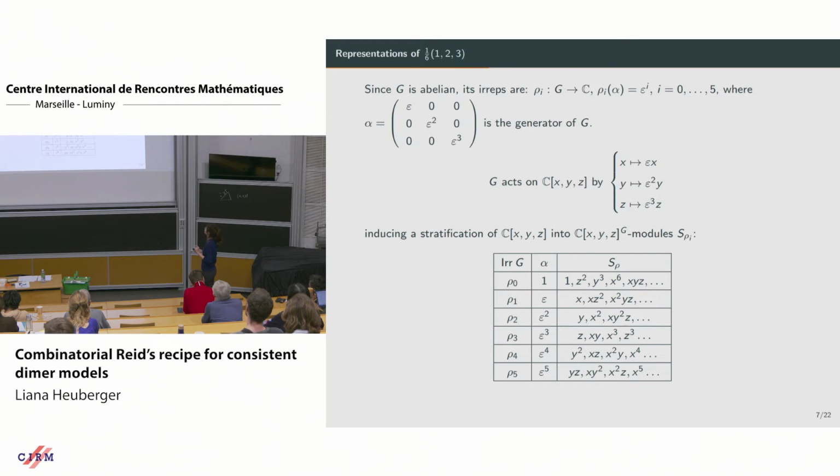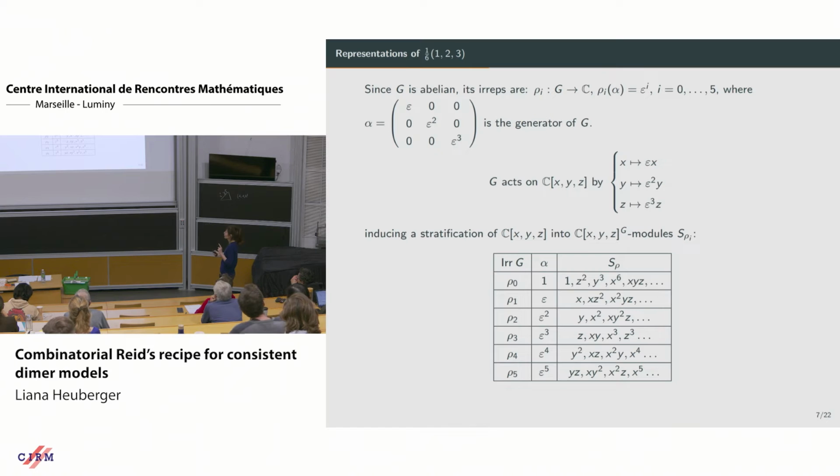All right. So we have to look at the group now. You can tell what each of these rho i's are just by saying how they act on this generator of the group. Here epsilon is primitive, so rho i just takes alpha to epsilon to the i. You can extend this action from just acting on C3 to acting on the entire polynomial coordinate ring of C3.